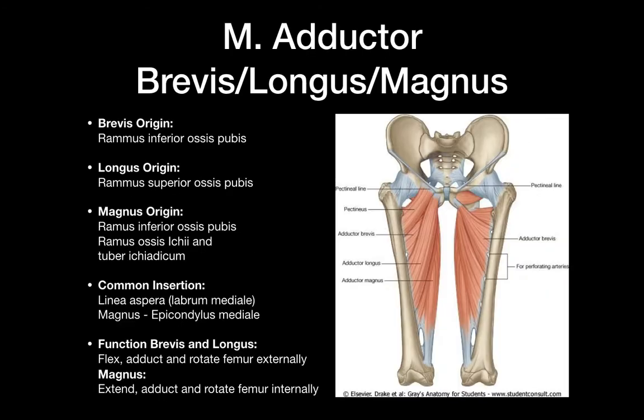Next one is musculus adductor brevis, longus, and magnus. They all have a common insertion point, also common function. Musculus magnus is going to have a little more functions, but they have different origin points. We'll start with musculus adductor brevis.